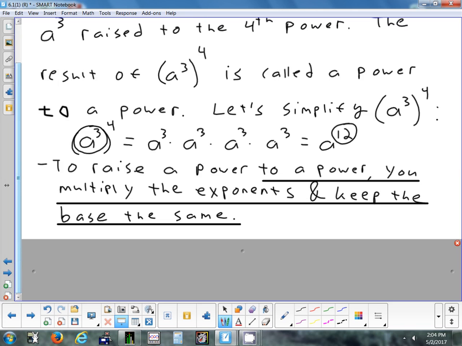Okay, so the second rule for today, to raise a power to another power, you multiply the exponents. 3 times 4, that's how we get 12. And you keep the base the same. Okay, and there's going to be one more rule, that has to do with a product to a power.